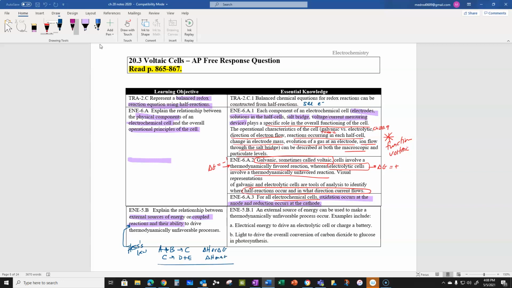And then the overall, we would just add up those delta H's or G's. Okay, that's a coupled reaction.